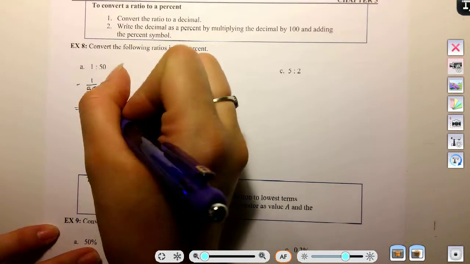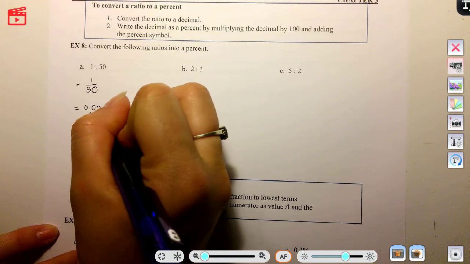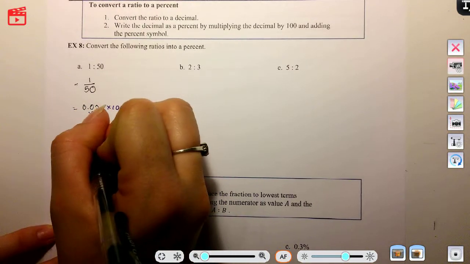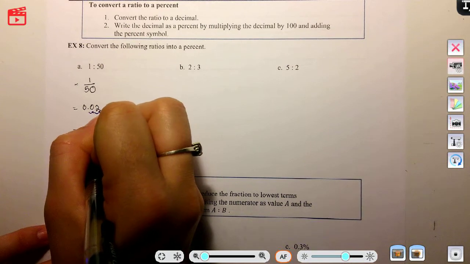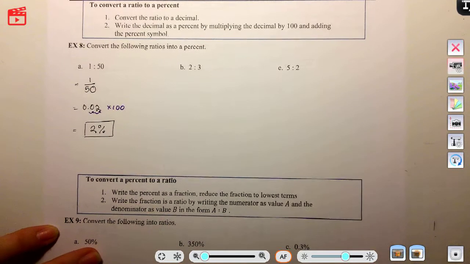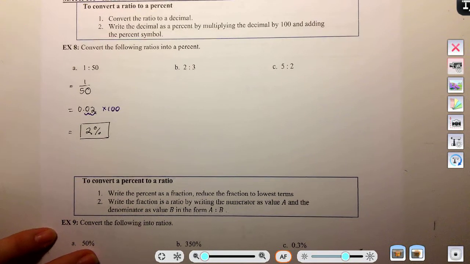So here we go. Multiply by 100. When we do that, our decimal gets moved twice. Okay, we practiced that. So now we have 2, and then let's add our percent symbol. Okay, definitely a few steps there, but we've gone through these steps, so just a bit of practicing on them.